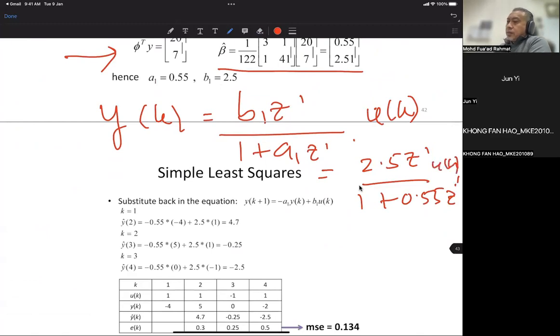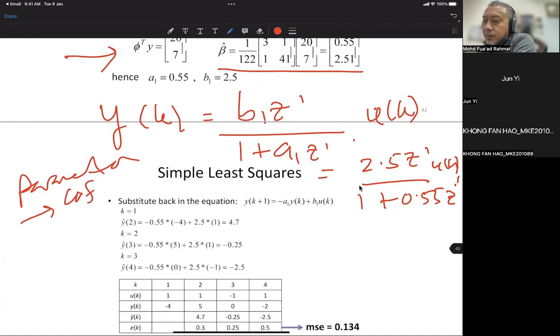So actually parameter estimation is you try to find the parameter values, the coefficients. The parameters are the coefficients of the transfer function of the model.